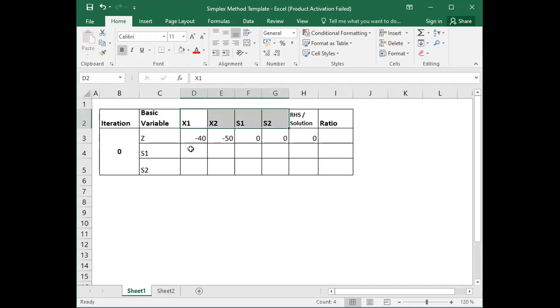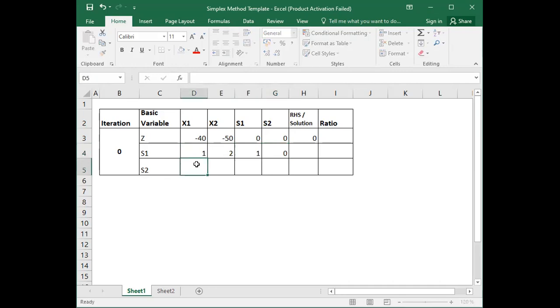So for the first constraint, what is the value of X1? It's 1. Thank you. And X2 is 2, right? Okay. S1, what's the value there? 1. Okay. And S2? 0. Thank you.